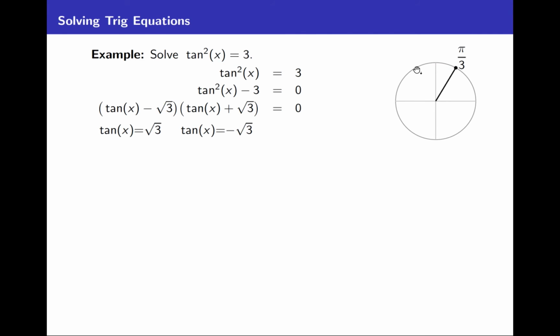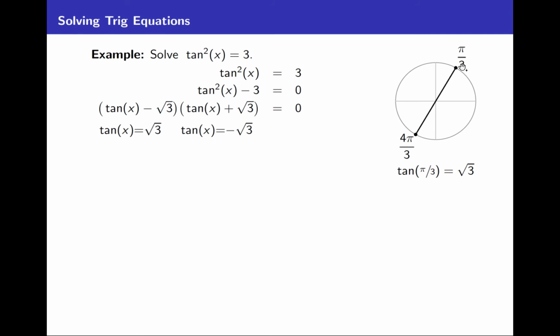Now, of course, you could add multiples of 2 pi to that. Tangent of pi over 3 equals square root of 3, but any multiple of 2 pi added to that would bring you back to the same point in the unit circle, so tangent of that would also be square root of 3.